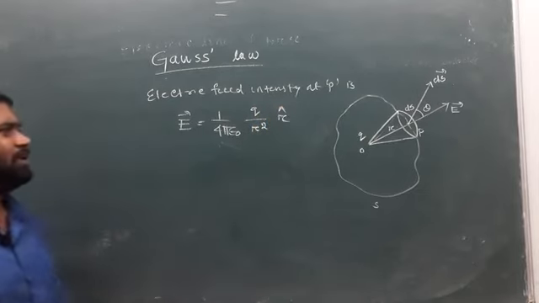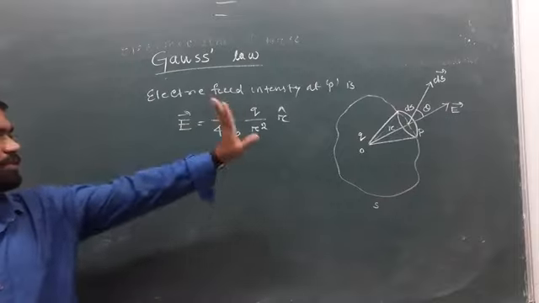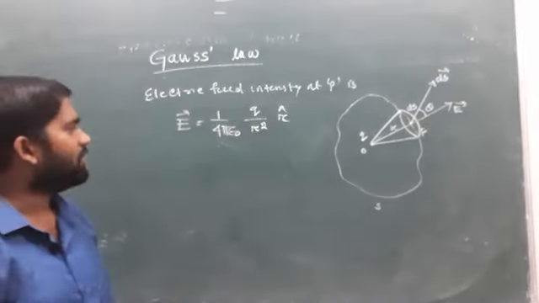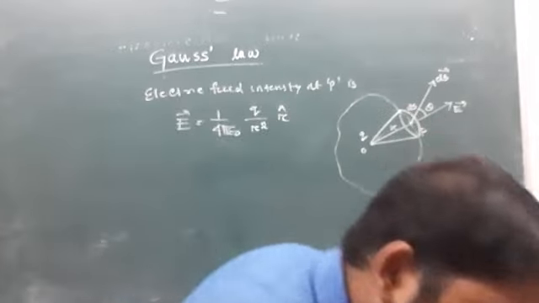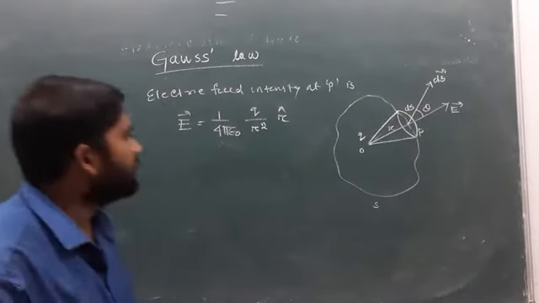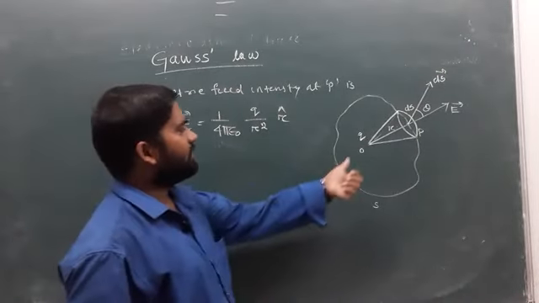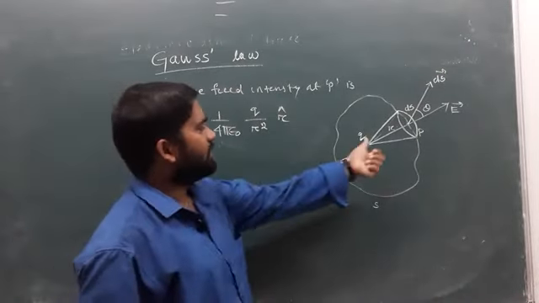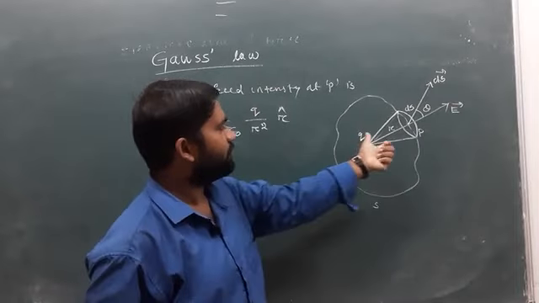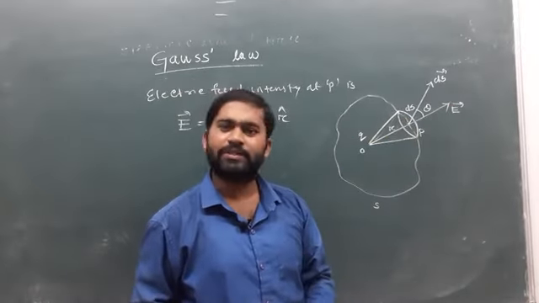That is the electric field intensity at point P due to the point charge q. Suppose this amount of electric lines of force passes through the small surface ds.